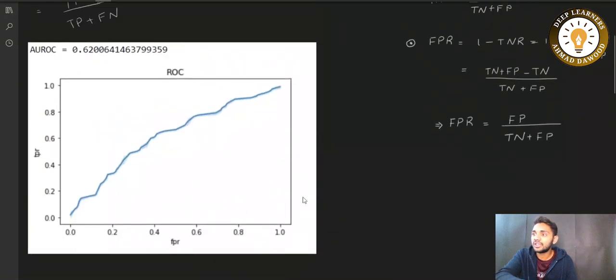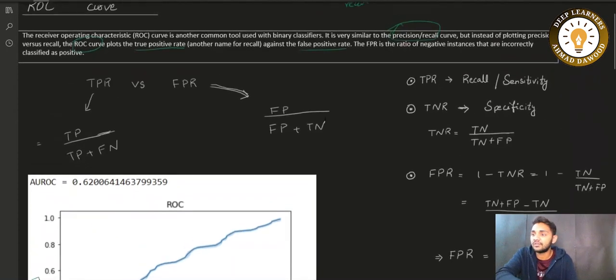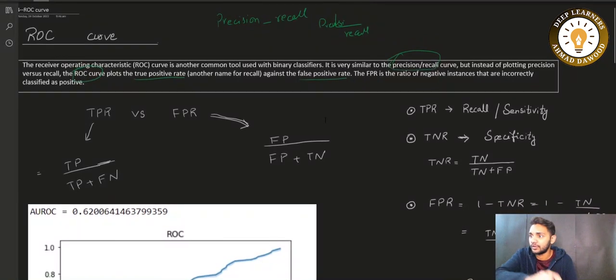But in the ROC case, on the x-axis we have false positive rate, and on the y-axis we have true positive rate. So we will discuss what true positive rate and false positive rate are.